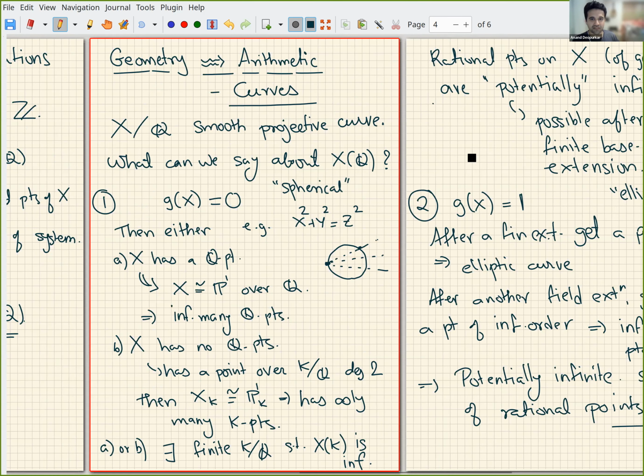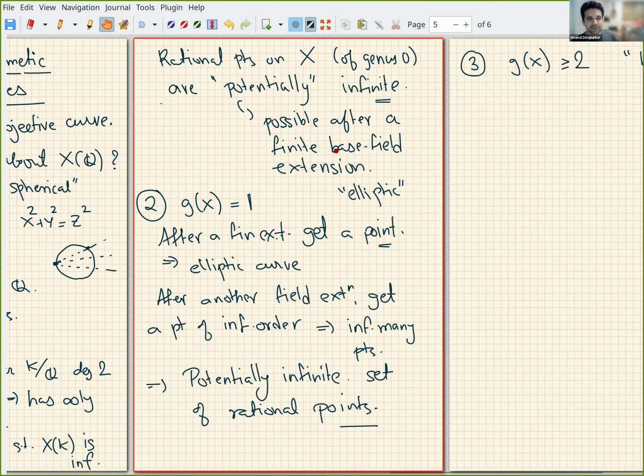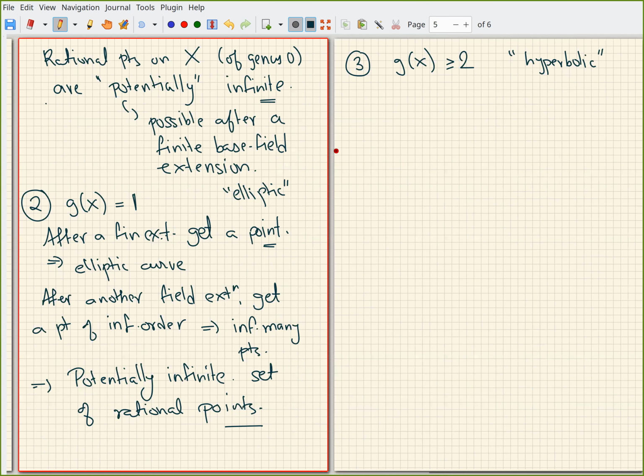Sorry, a question about the hyperbolic case. Why, after a finite extension, for elliptic curves of genus 1, can we give a point of infinite order? Yeah, it's not obvious.